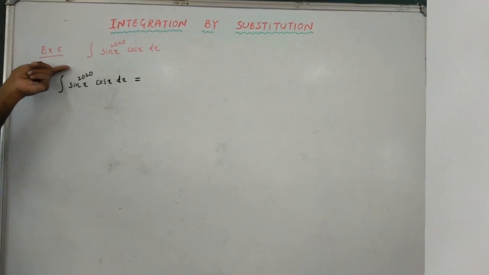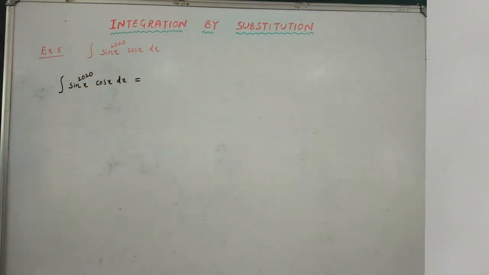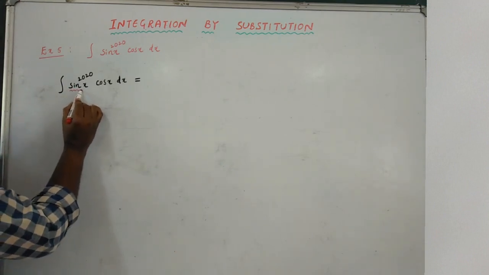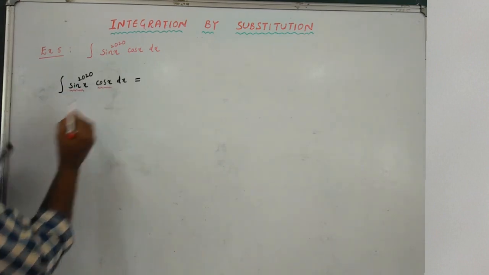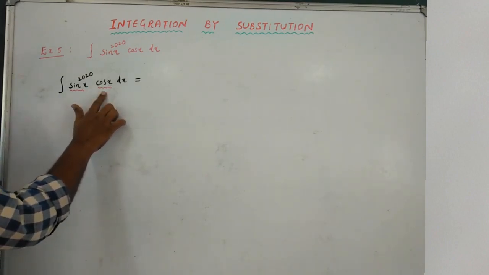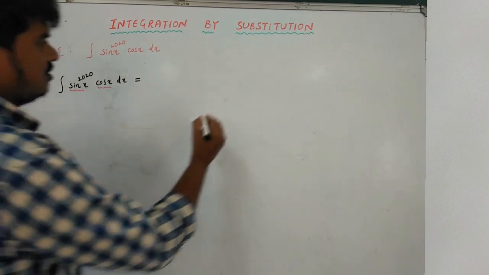Next, example 5: what is the integral of sin to the power of 2020 x cos x dx? Here in this question you can observe two functions, one is sin x and one is cos x. What is the derivative of sin x? Cos x. So this sin x will be taken as t.